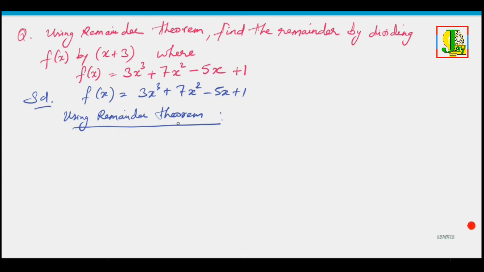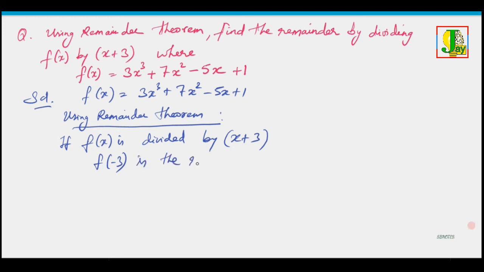So you have to, this is important, using remainder theorem you have to write. So if f(x) is divided by x plus 3, instead of writing the whole polynomial here, we can simply write f(x). Once we write f(x) equals this, so x plus 3, then f of minus 3 is the remainder.